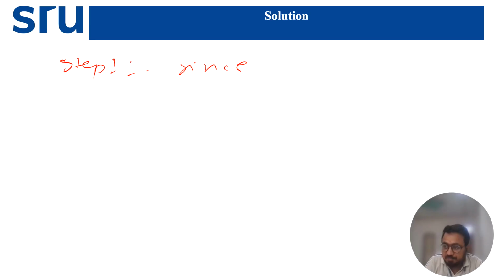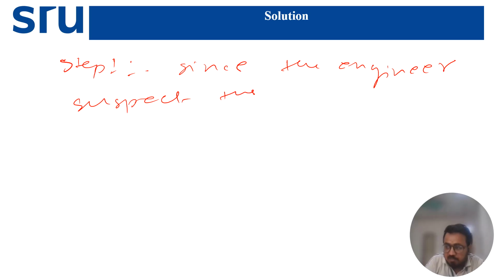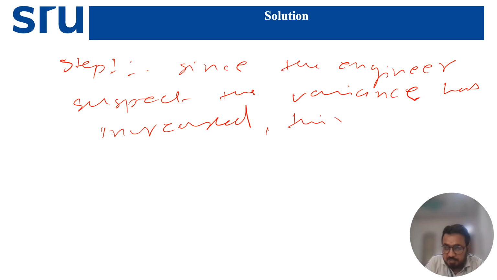Since the engineer suspects the variance has increased, this is a right tail test.